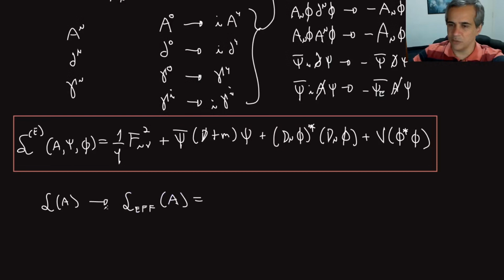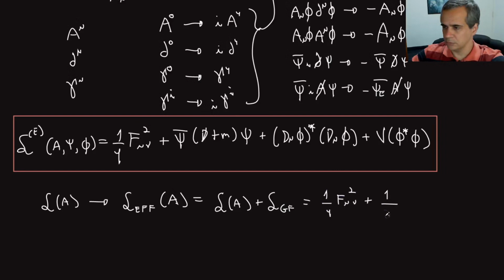That was this original one, written here in this case, plus a gauge fixing term. And I have a choice here of alpha that will give me different gauges.